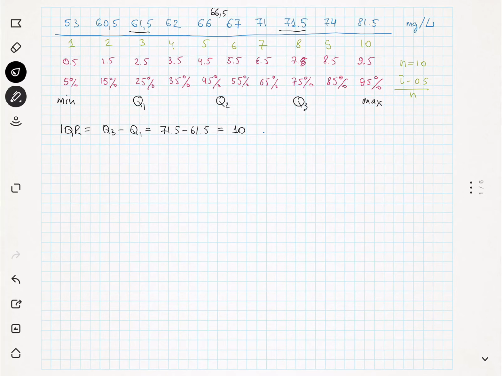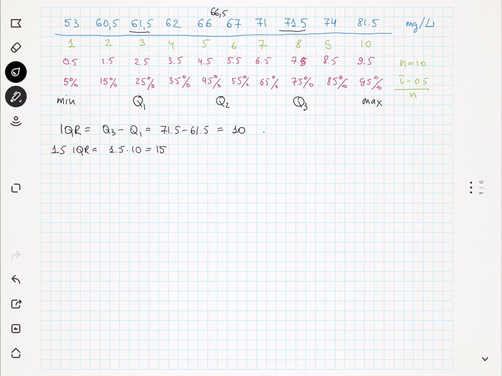We are going to use 1.5 IQR to detect outliers. So 1.5 IQR is 1.5 times 10, which is 15.